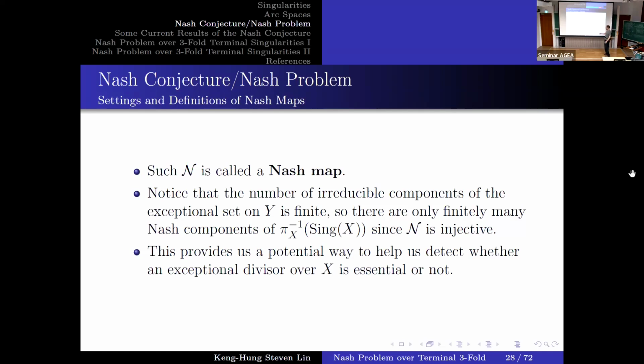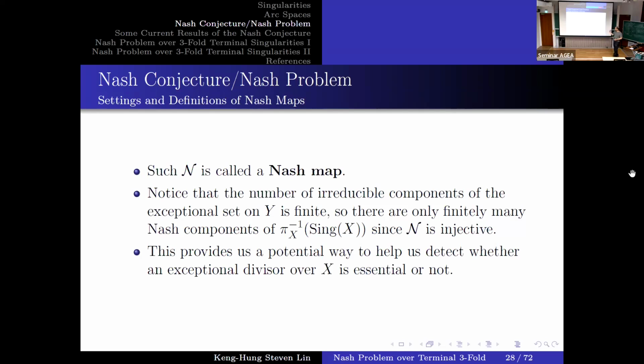Because for obtaining Nash components, we don't need to take a resolution, right? We just need to consider all arcs passing through the singular locus of X, then we consider all components and their generating points.